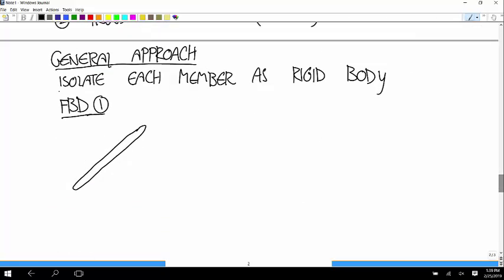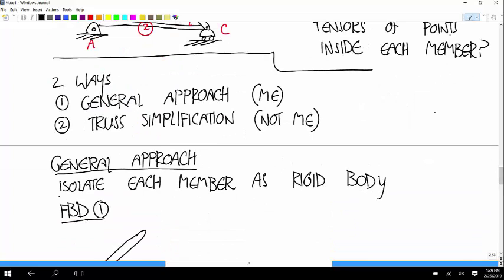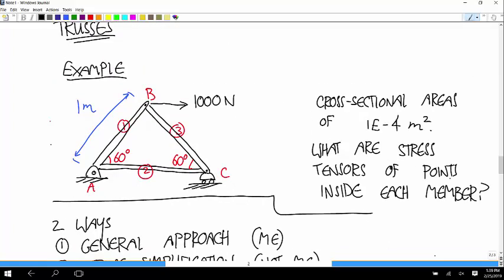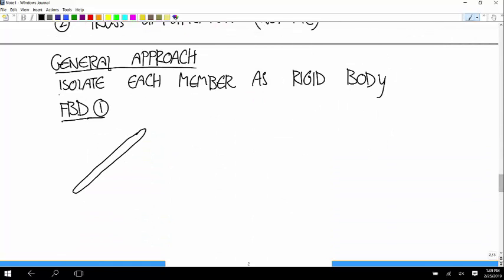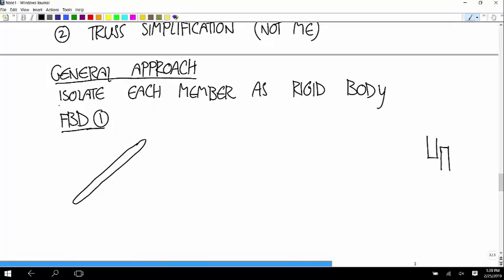So if I name these joints, let's call this A, B, and C. And if you look at them from the side, there's the ground, and there's member two, and there's member one, and the pin is part of member one.